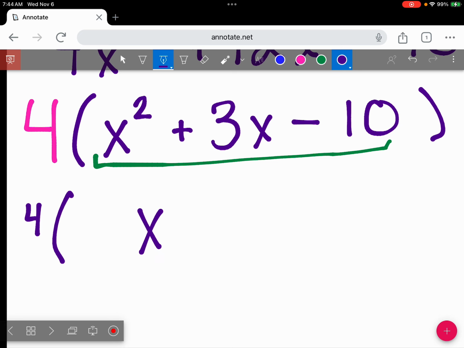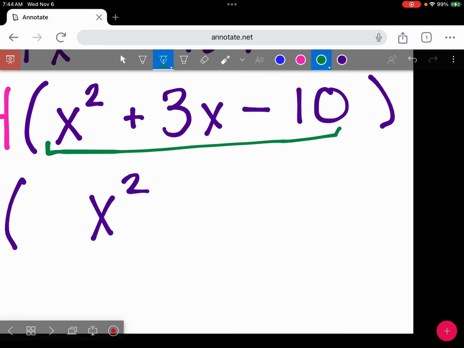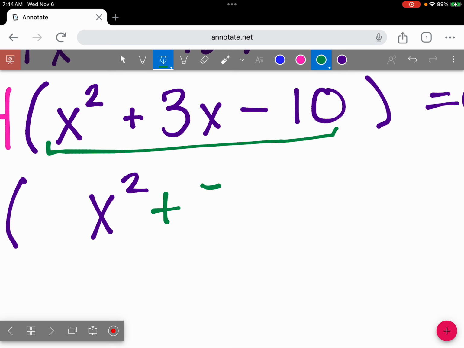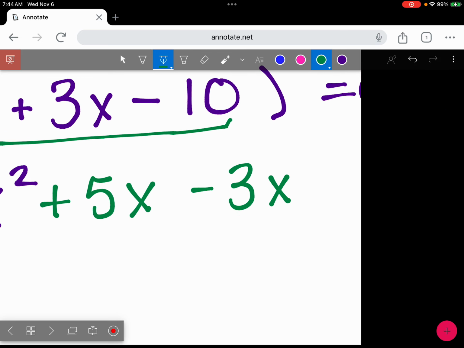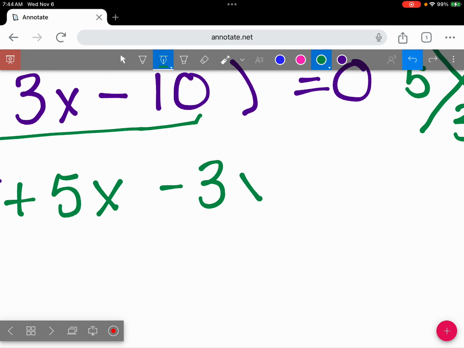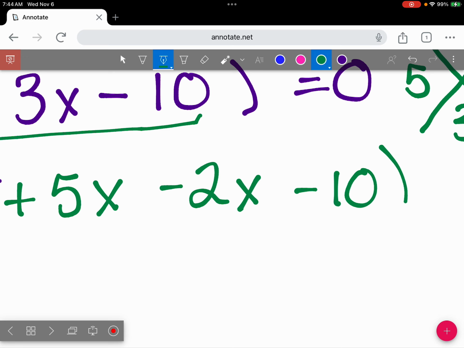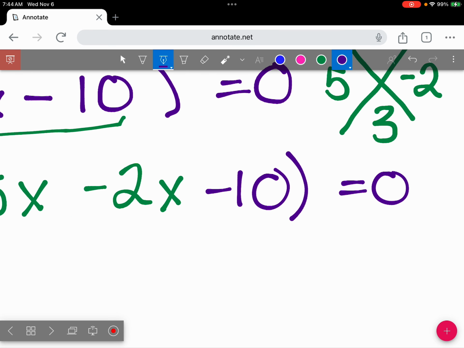And then in here, I'm going to have my x squared plus 5x minus 2x, minus 10, equals 0. And again, if you are someone who much prefers the box or is more comfortable with the box, do the box. I did the box. Yep.